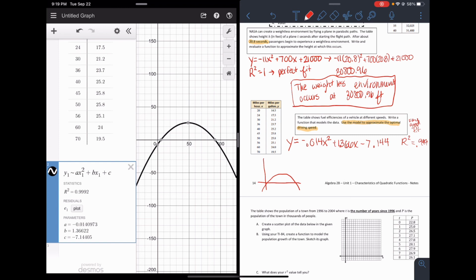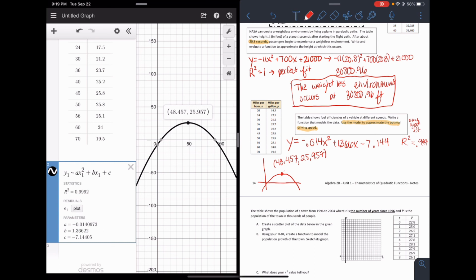If I'm looking for the optimal driving speed, the best driving speed, that refers to the vertex. If it was asking me for where something was equal to 0 or where it lands, I would look at x-intercepts. And if I was looking for something where something starts, I might look at y-intercepts. But because it's asking me for the maximum, the best, the optimal, I'm looking at the vertex, which is 48.457, comma, 25.957.